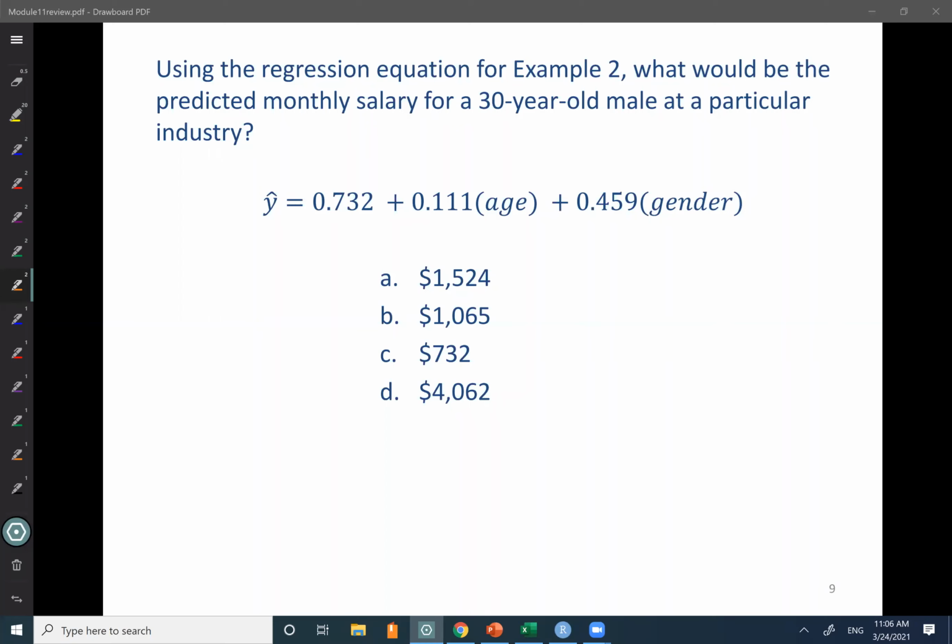So, all right. What do we have? Slide 9 should be okay. Now we're going in good. This is a good way to end the review. Now gender is going to have a 1.